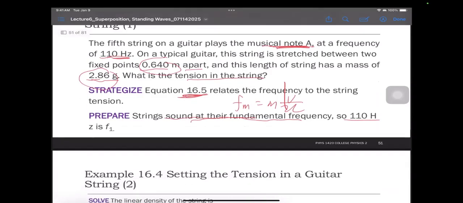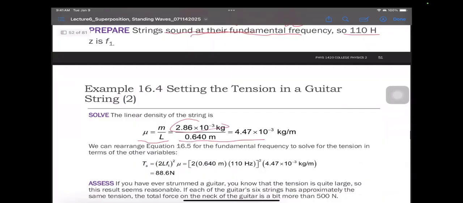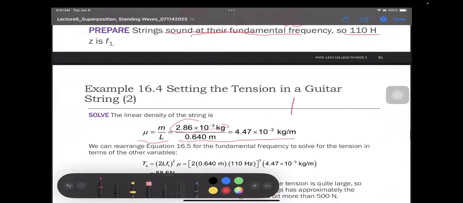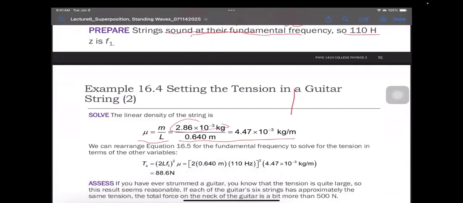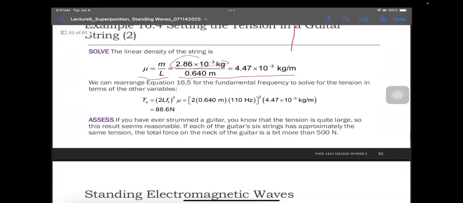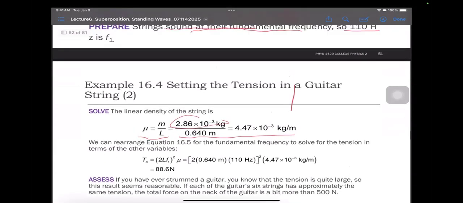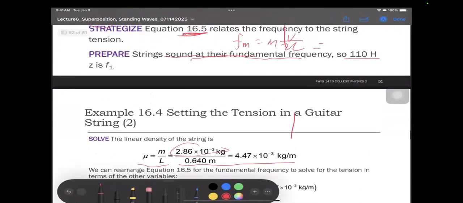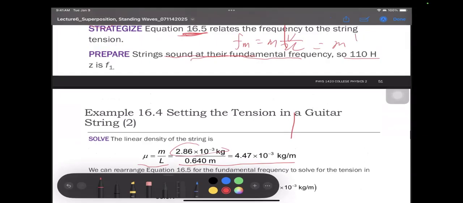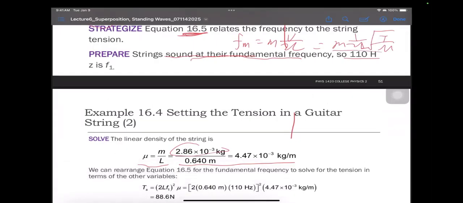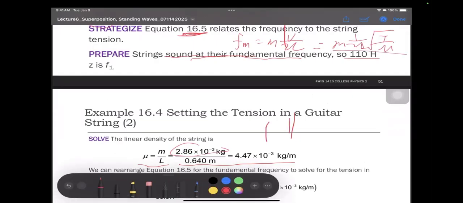This is the L, and then we know the linear density of the string, and we can rearrange this equation. Equal what? T and mu. Does it make sense to you?